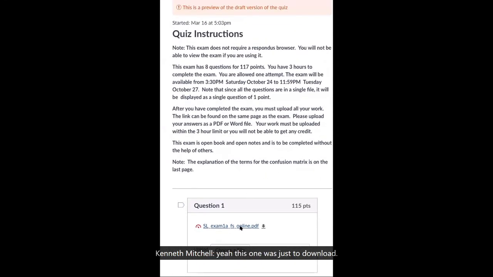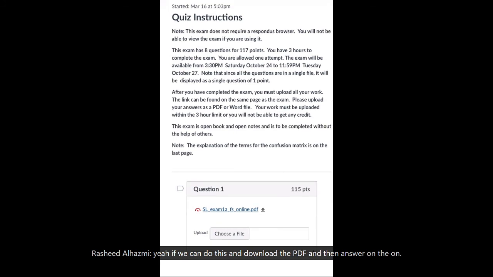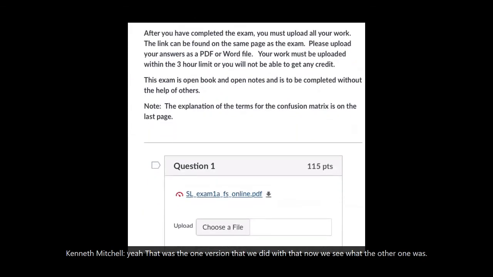Yeah, this one was just a download. Your version of the exam, and you did the exam. This will work for us, Professor. We can download it and answer it and upload it again. What about this one? Yeah, if we can do this and download the PDF and then answer on the paper sheet and scan it and upload it to the same page, it will be great help for us. Yeah, that was the one version that we did with that.